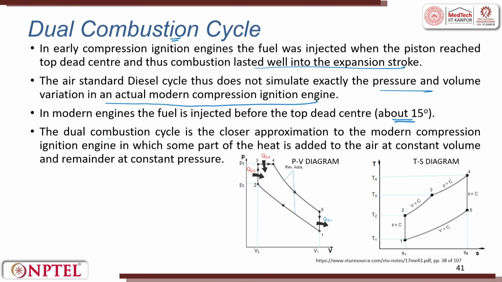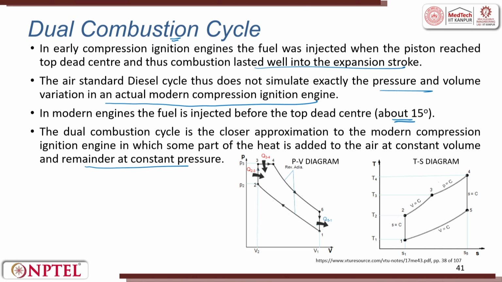Right. So, the dual combustion cycle is the closer approximation to the modern compression injection engine, in which some part of the heat is added to the air at constant volume and the remainder at constant pressure. Look at it. How does it happen?